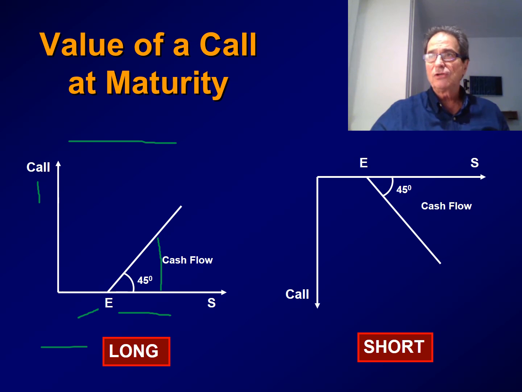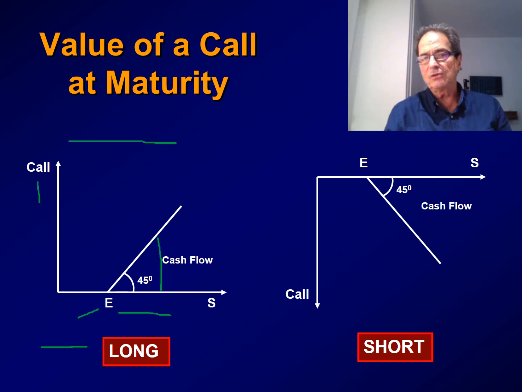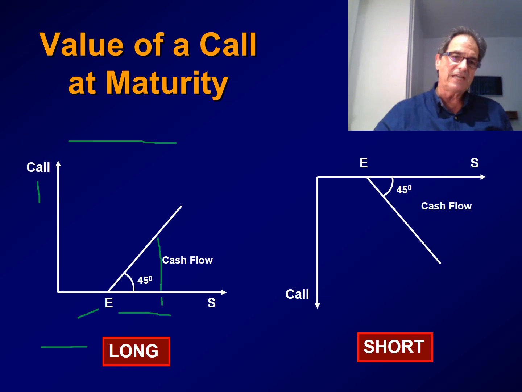E corresponds to the exercise price, so the amount of money that I should disburse in case I decide to exercise the option. So if at maturity the stock price is above E, for instance in this point, I of course will decide to buy it for E, which is a lower value, and I will have a positive cash flow, which is kind of a profit at maturity, equal to the difference between S and E. That corresponds to this vertical distance here.